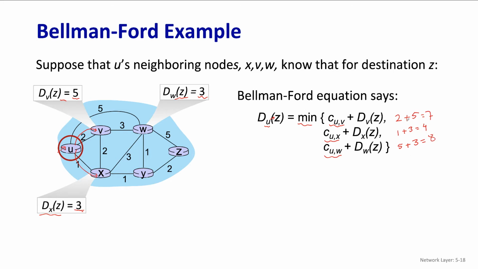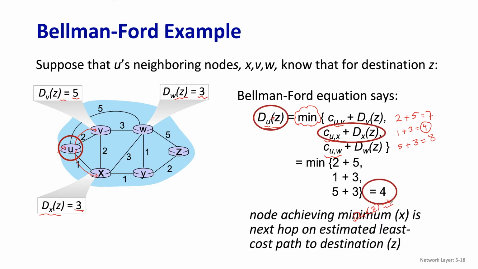Since we have 3 entries here, we'll take the minimum value. This should be the minimum value, so the distance from u to z is going to be 4.